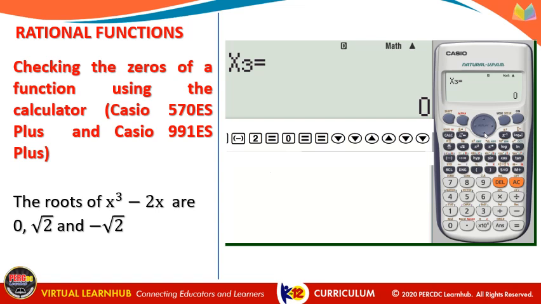Again, itong calculator method is of course para ma-check yung sagot natin. Siyempre, I believe hindi naman tatanggapin ng mga teachers natin yung calculator lang na solution. So again, this is just to help us check if our answer is correct.